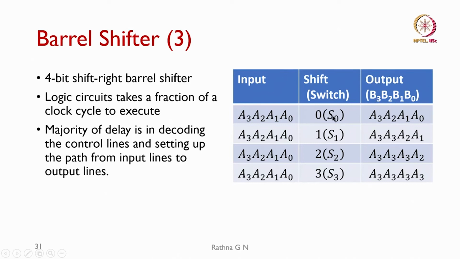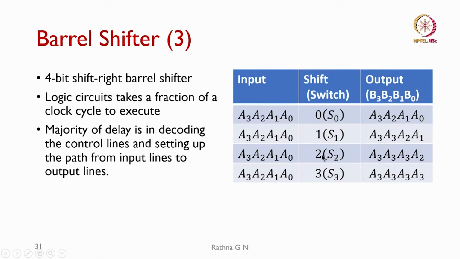Since only S0 is being used, I am not doing any shift operation, so whatever input you have given will go to the output lines as it is. When switch 1 is operated, I have to do a shift right operation by 1. In this case, the MSB value is pushed into the last place. So, A0 is shifted out, and it becomes A1, A2, A3, A3.